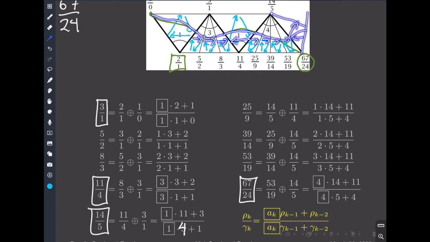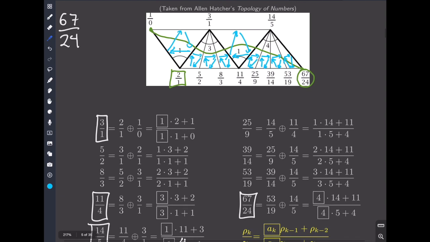Okay, then the question still remains, for example, when you reach 11/4, so you've added 3/1 naively to 2/1 3 times. Sorry, can you say them again? When I reach which one? You reach 11/4. So you've done the naive addition of 3/1 3 times. Why do you not add 3/1 again to get 14/5?